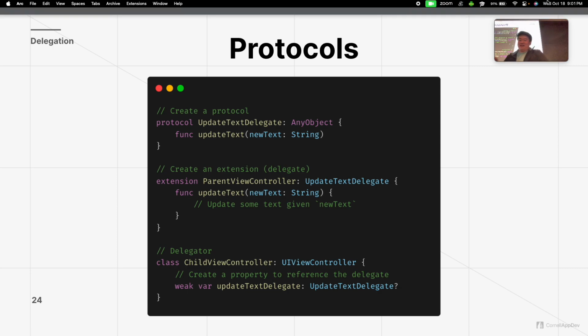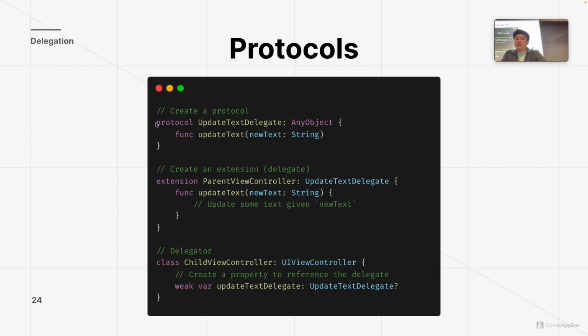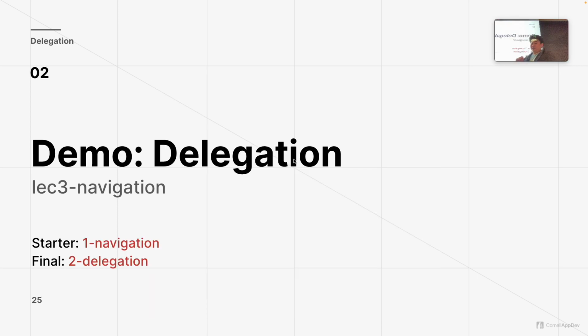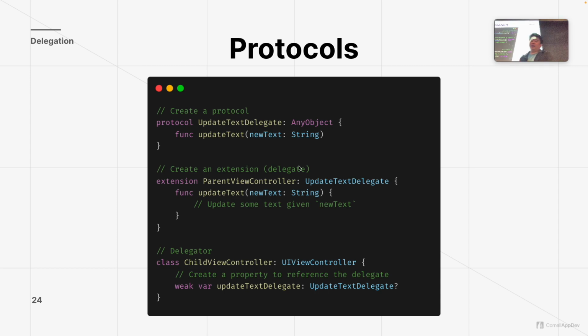So to break this down a little, this might seem a little intimidating at first sight. We have our protocol, which is the menu that we want to use as the bridge between the delegate and the delegator. We have the parent view controller, and this is the delegate. This is the view controller that we're telling to perform a task. So this is the view controller that implements the protocol. You can see here, we extend with this extension keyword, parent view controller, to be the update text delegate, which is the protocol.